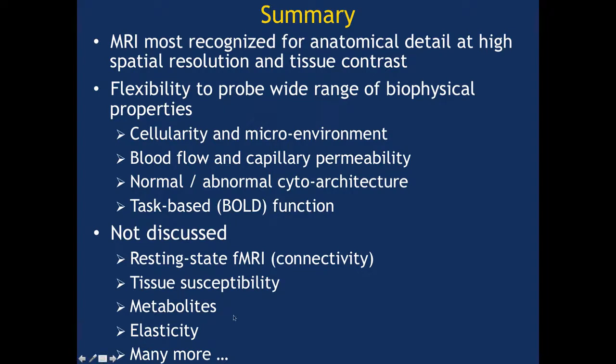Those metabolites can be measured as well. We can even make images of them, but they're much weaker signals, but they have a lot of biological importance for other disease states. So we have specialized sequences that image different weaker metabolites. We can look at the mechanical properties in the tissue, the elasticity, with dedicated approaches to do that. And there's many more, temperature mapping and so on.